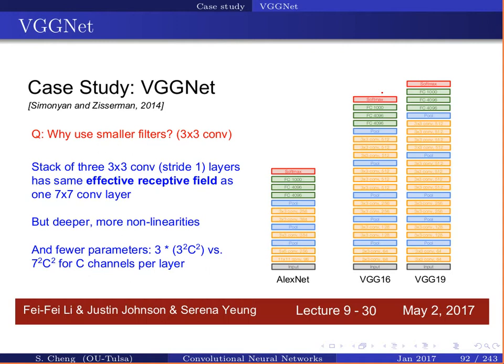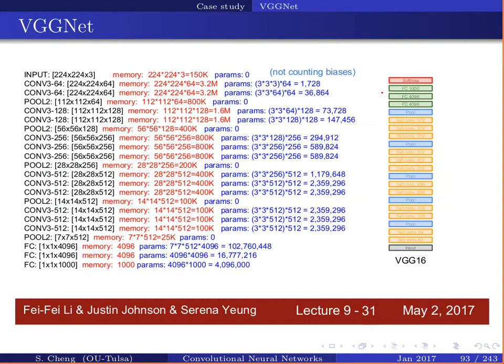But with 3x3 filters, you only have 3 squared C squared multiplied by 3 layers. So you also have fewer parameters, and because you have fewer parameters, you also need less data to train your model.